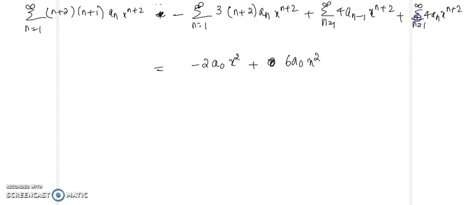So this is summation n equal to 1 to infinity. On the right side you will get minus 4 a naught x square. So on the right side you are getting 0.